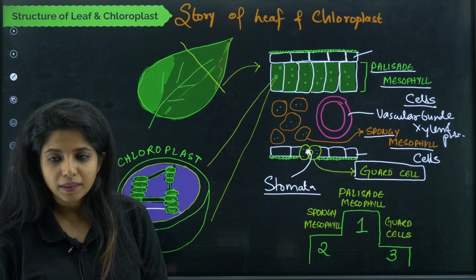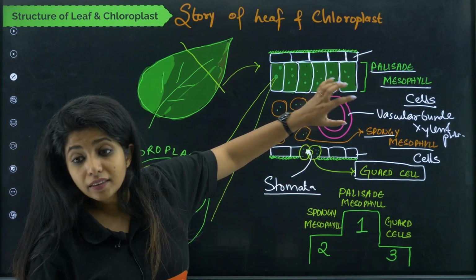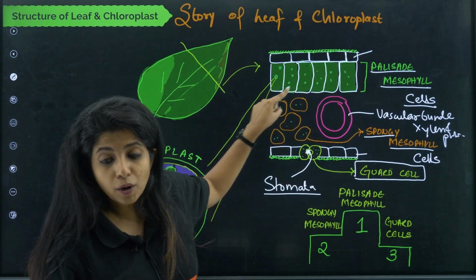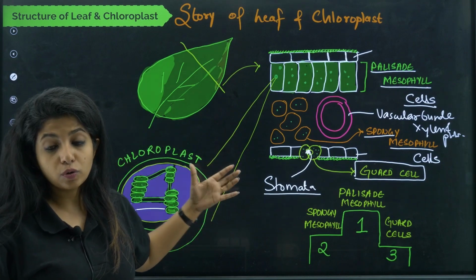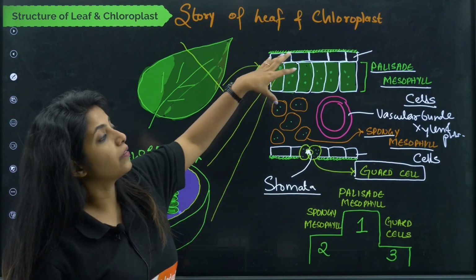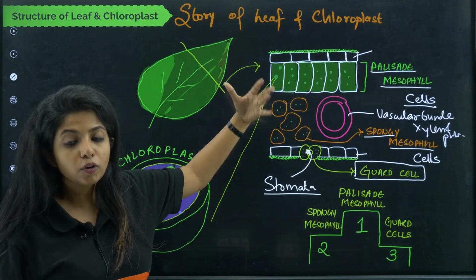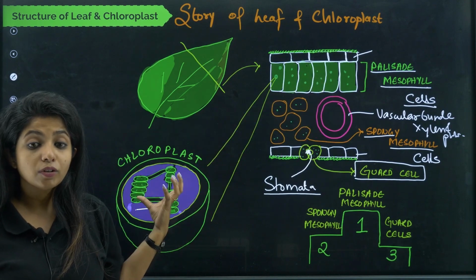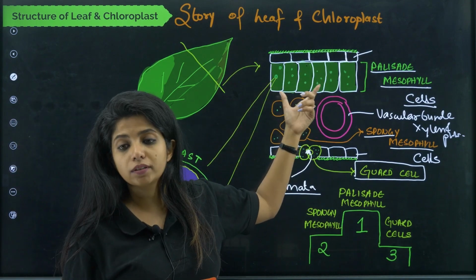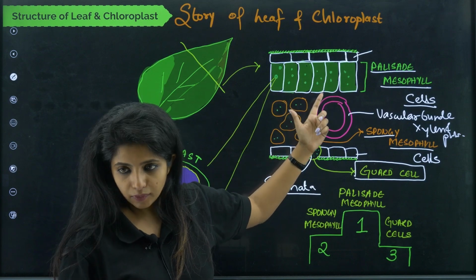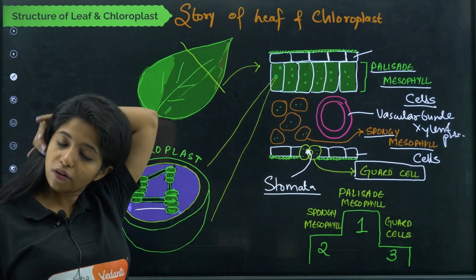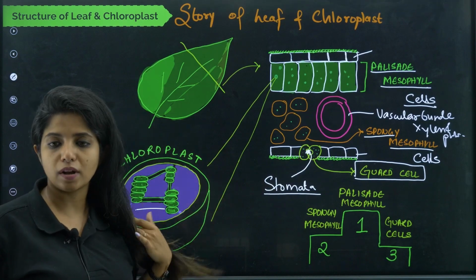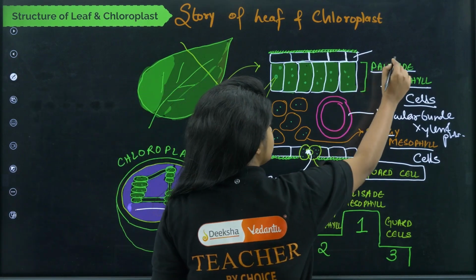It is the palisade mesophyll that has the most amount of chloroplast, and where there is chloroplast, chlorophyll molecules are also there. So this is where most photosynthesis happens. A question that comes: which is the one area where most chloroplast is present? It is none other than palisade mesophyll, my dear children.